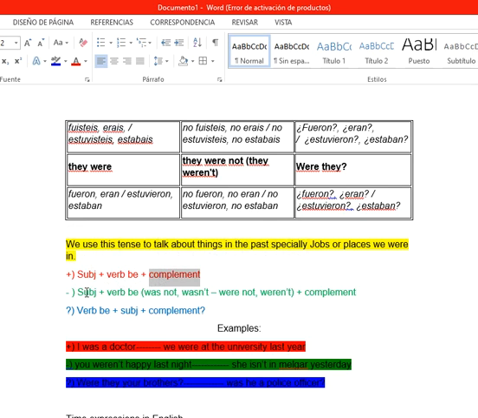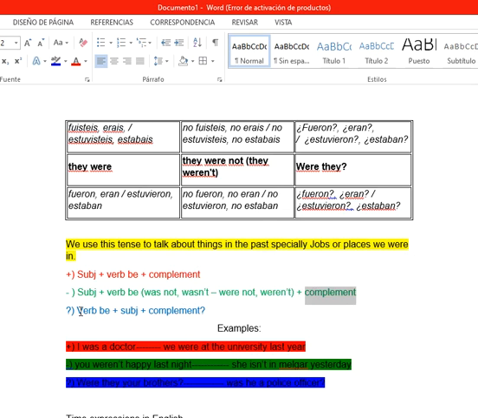To make a negative sentence, we need a subject, a verb to be in a negative form, which could be separate, like was not or were not, or contracted, like wasn't or weren't, and then a complement.